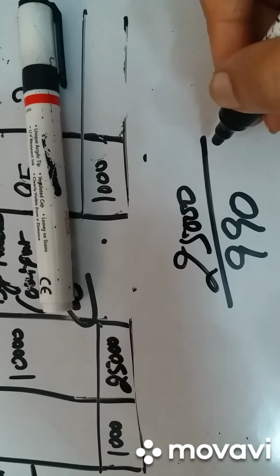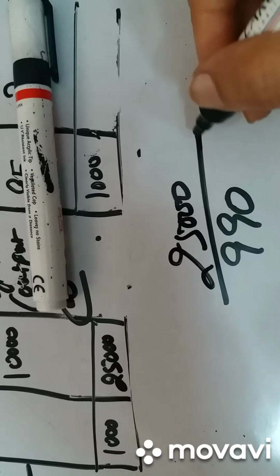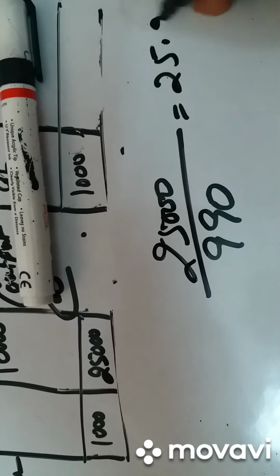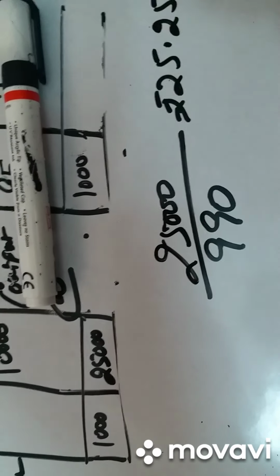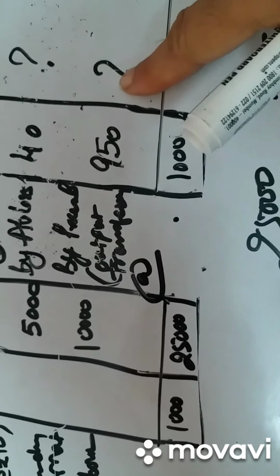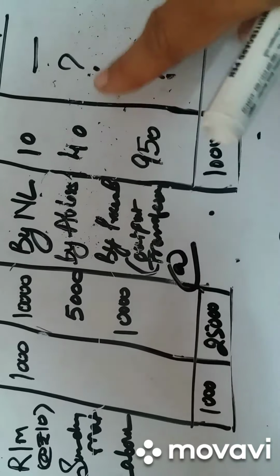Okay, so 25,000 by 990 comes out to be, let's say, about 25 rupees per unit. So we will be multiplying 40 with it and 950 with it.